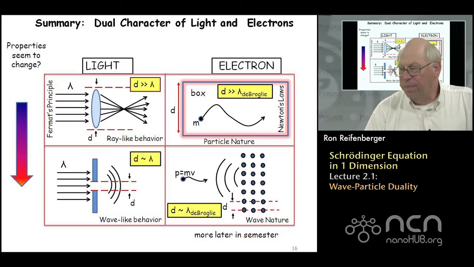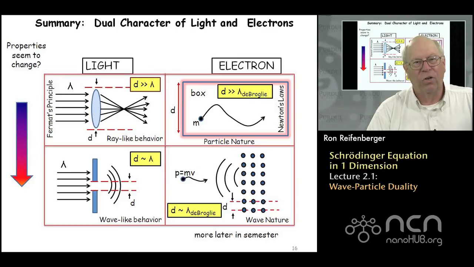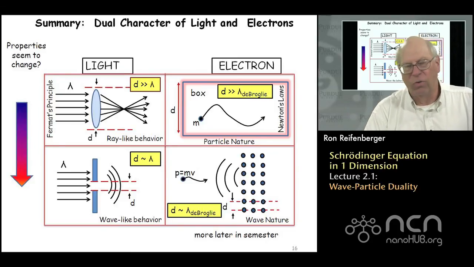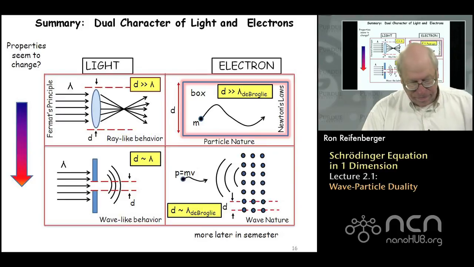So hopefully this simplistic summary explains the two limits in this wave-particle duality paradox that plagued a lot of experiments in the late 1800s and early 1900s.